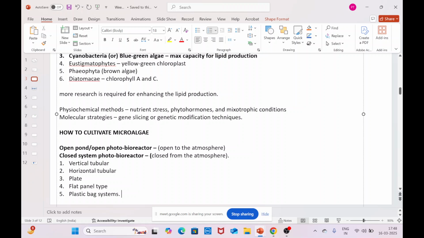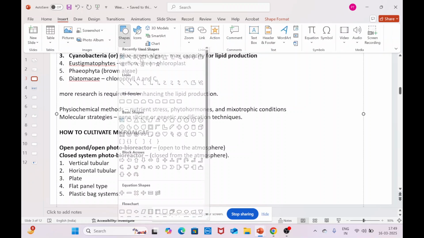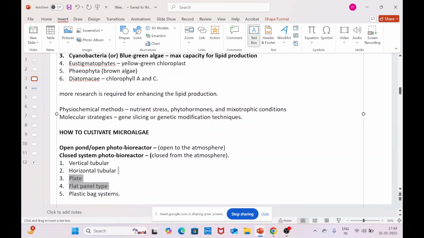So we need to make sure that the oxygen mixing is prevented. For that process, degassing is required in this kind of system. That I'll write separately.